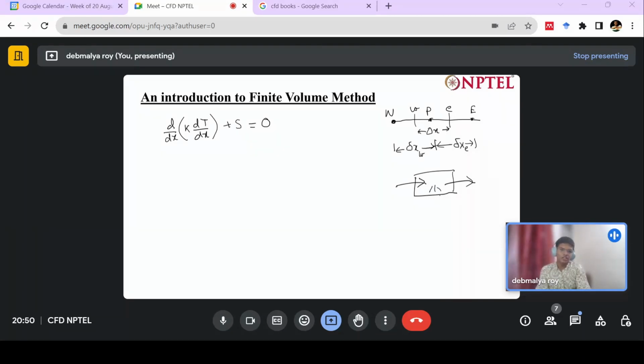There will be some generation, so we will try to balance that. Same thing we will do here. Basically, we will start from the equation that we had derived and try to find the equivalent flux in, flux out formalism. So we can simply do this if we integrate over this control volume.